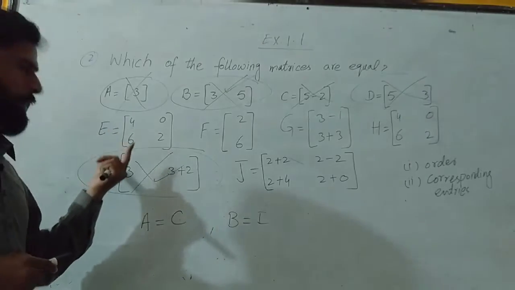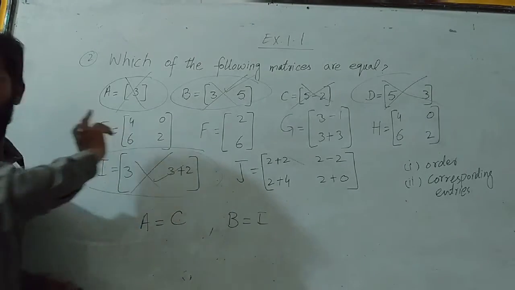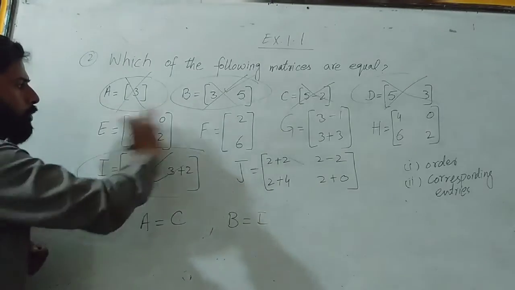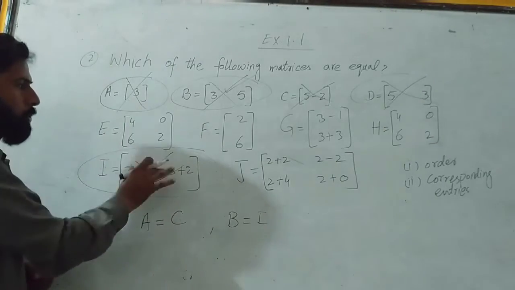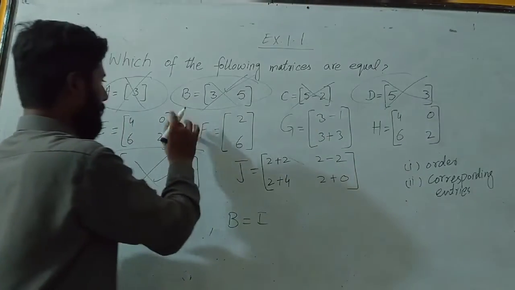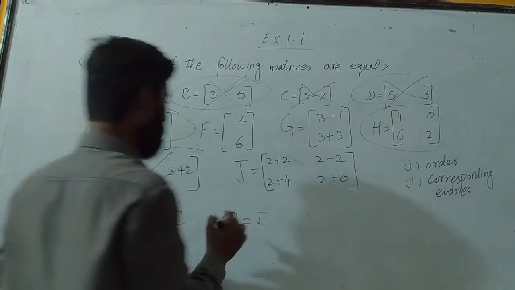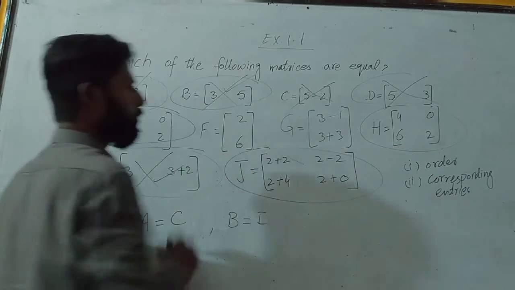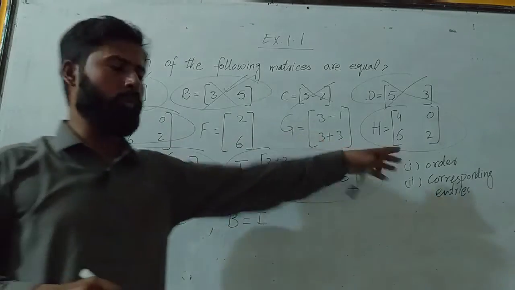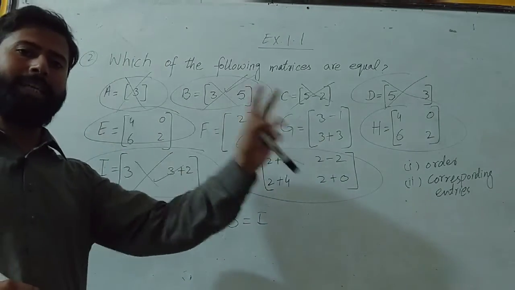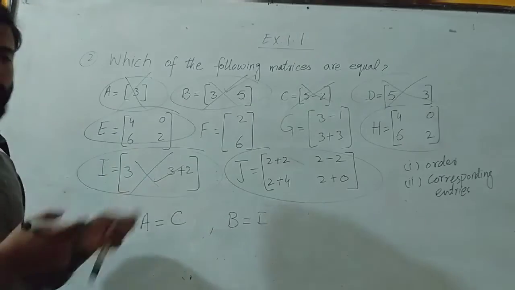Now we'll move towards E. Its order is 2 by 2, 2 rows, 2 columns, 2 by 2. E is 2 by 2, H is also 2 by 2, J is also 2 by 2, so their order is equal. Now we'll move to the second condition, that was corresponding entries.